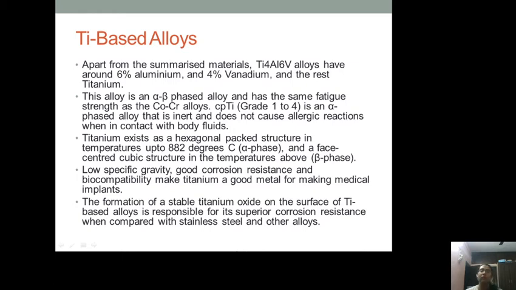This is one of the most notable features of titanium based alloys: the titanium oxide layer that forms on the surface is repairable. It reheals. So this gives it superior corrosion resistance when compared to stainless steel and other alloys.